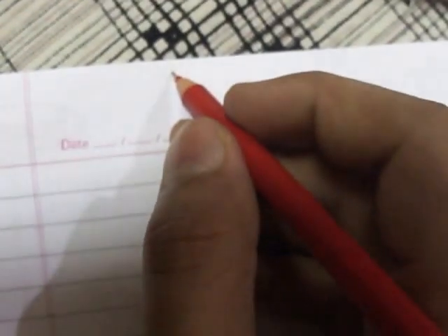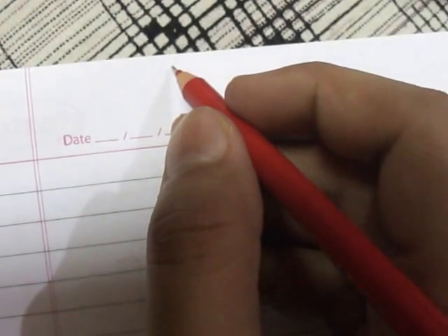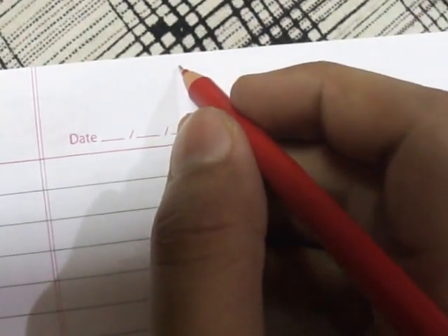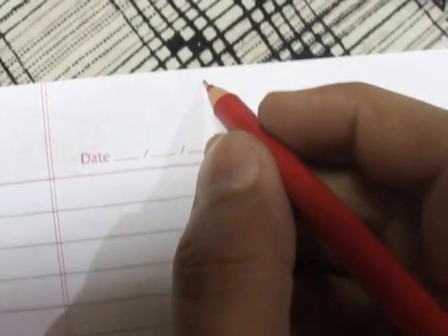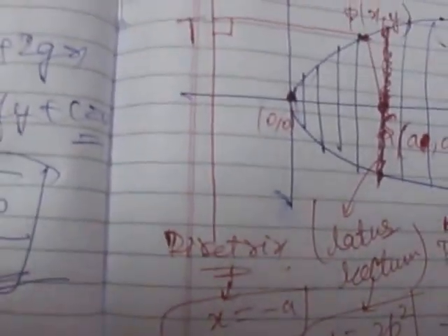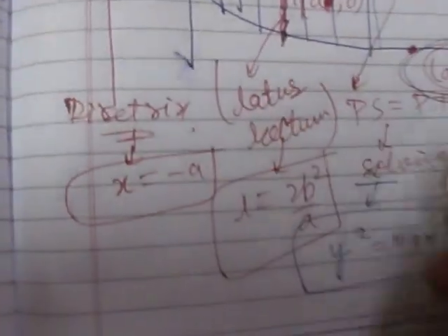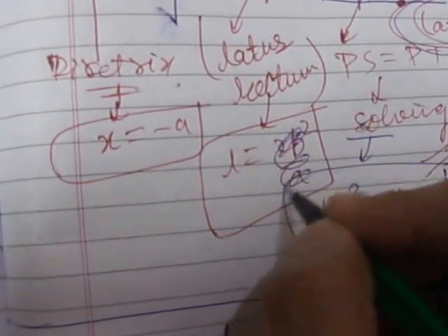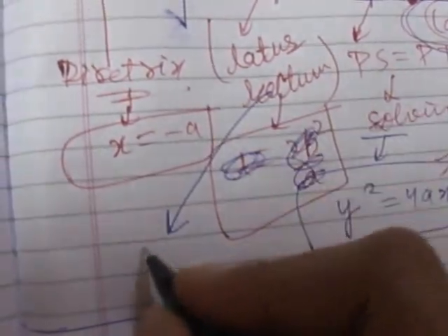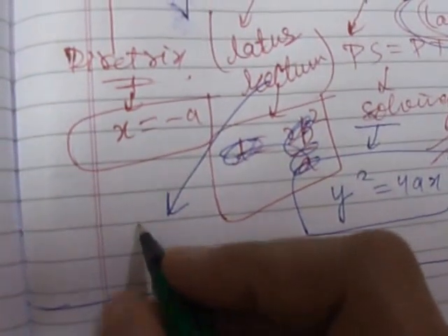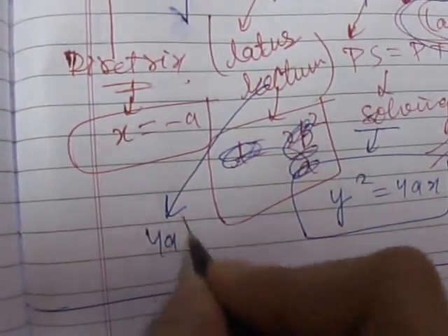Wait, I have told you something wrong. I've made a mistake. The latus rectum length is not this one; that is valid for the ellipse and the hyperbola. It is 4a.